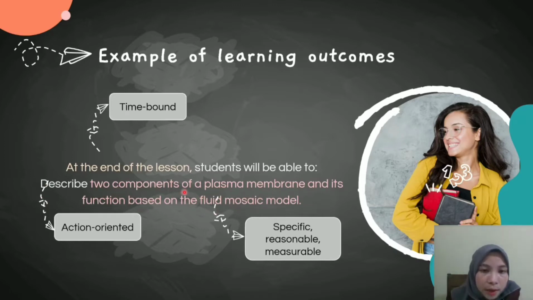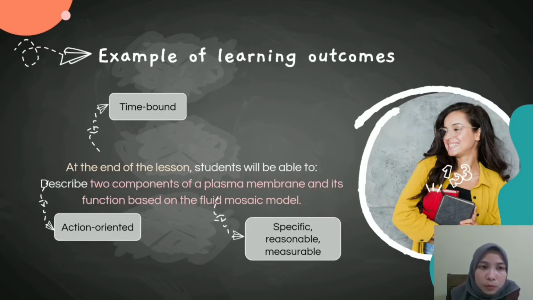At the end of the lesson here refers to the time-bound. Describe here refers to the action-oriented, and two components of a plasma membrane and its function based on the fluid mosaic model refer to specific, reasonable, and measurable. So, I can say that this example that I give is a good learning outcome.